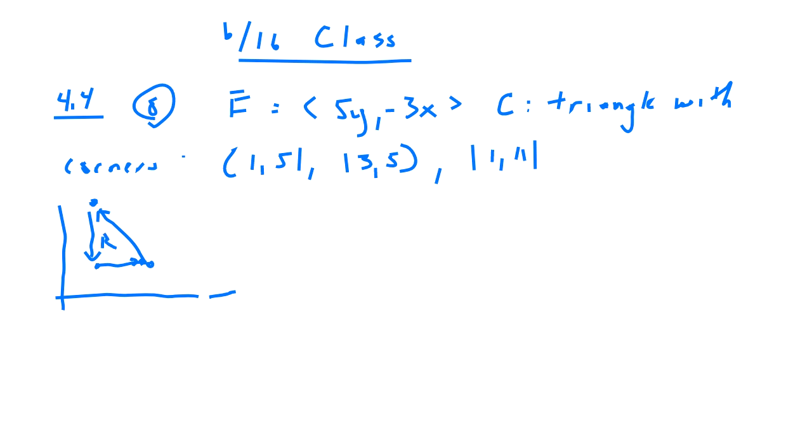So the first thing is, since it's closed, and since we're going to use this anyway, we probably should check to see if it's conservative. So is this conservative? And similar question, how do I check?